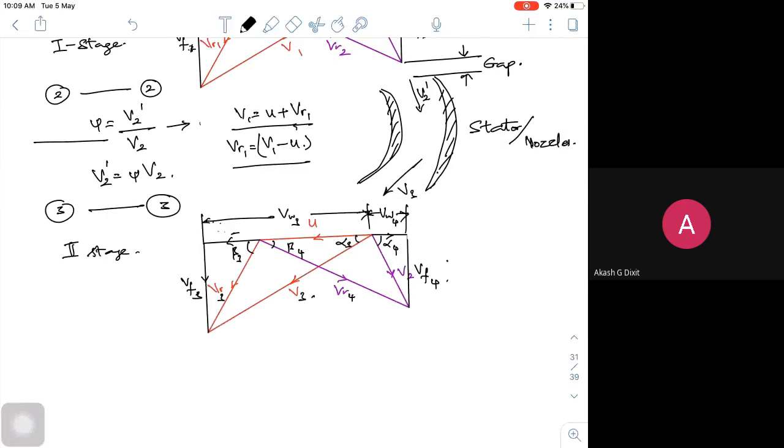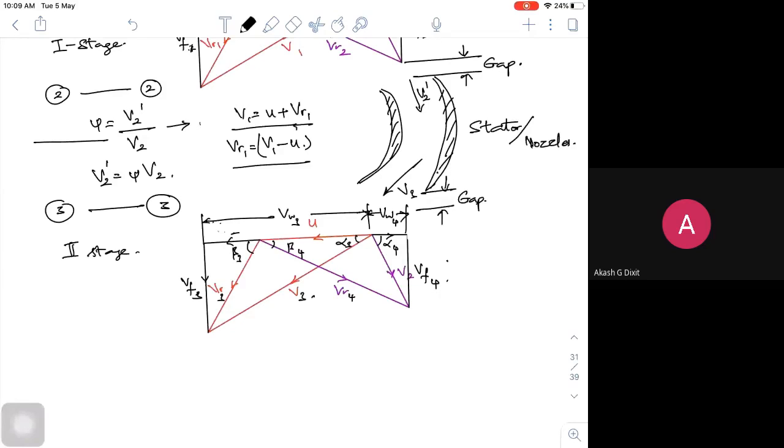There is one more loss: here I do have the stator, and here also I do have a gap. So there is a gap between rotor and stator and rotor. And this is called the interaction, whatever is happening over there. There can be changes in the pressure, there can be changes in the velocities, and this is called rotor stator interaction.